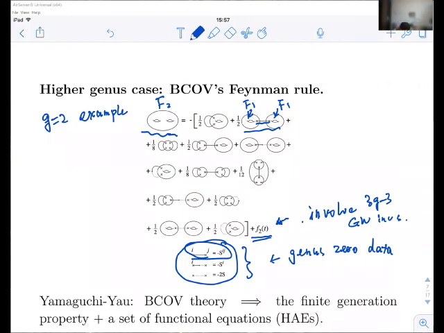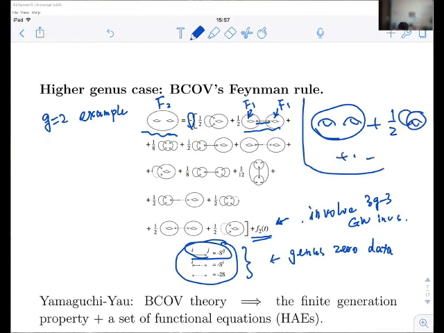So let me explain this more. First you see that there is a minus sign. This is some leading graph, so usually we should write something like this plus some lower genus graphs. For example, you can write down this, and more, you can write this as what is called the Feynman graph sum. And then the Feynman rule means that this sum is equal to what they call F2T.